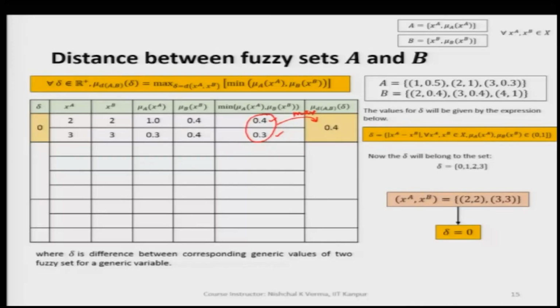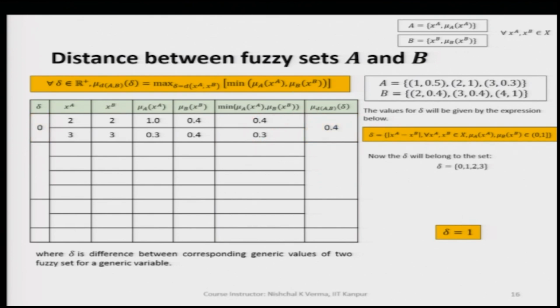This way we will keep moving ahead till we reach the highest value of delta for the x A, x B pairs. All right.